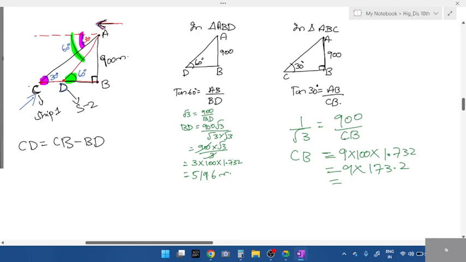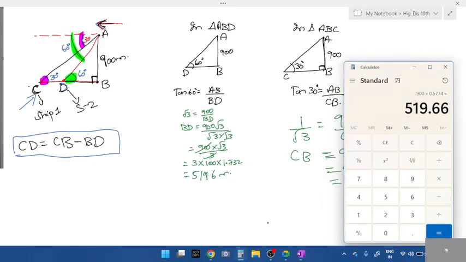What's the reason? If you want to find CD, I've written the equation here. Can you see? CD is what? What is the entire length? In order to find CD, students, the entire length is CB, right? Ruth, tell me. We need to find CB. From that, what do you have to subtract? You have to subtract BD. Multiply this 9, you get 9 into.